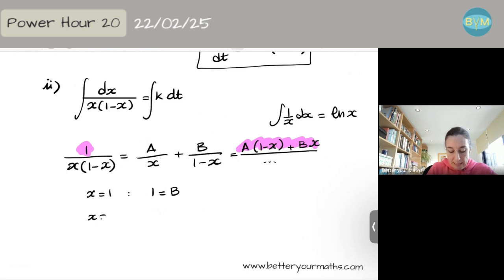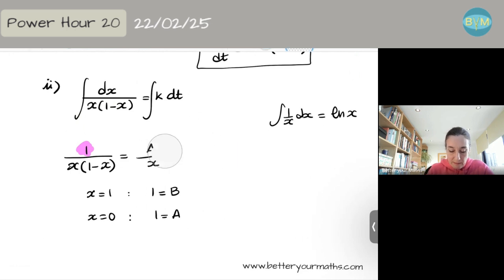And when I substitute the x by 0, this is 0, this is a, and this is 1. So 1 equals a. So I have my a and my b, which means this integral on the left is the integral of 1 over x plus 1 over 1 minus x. A and b are 1, both of them.